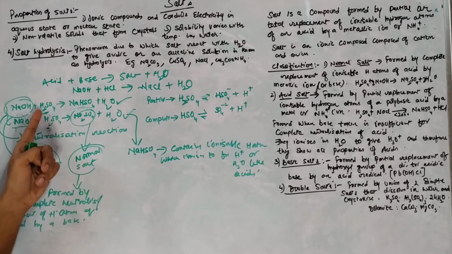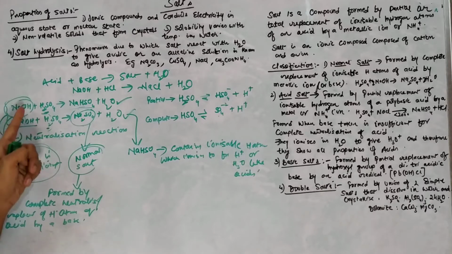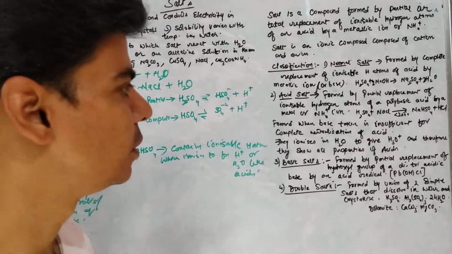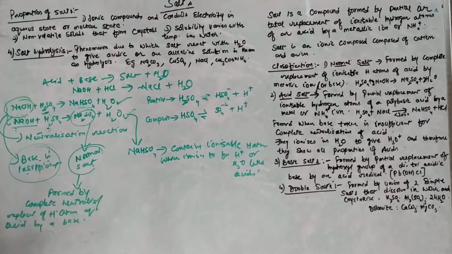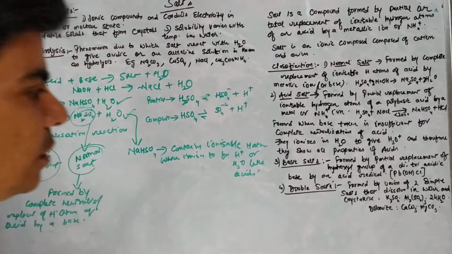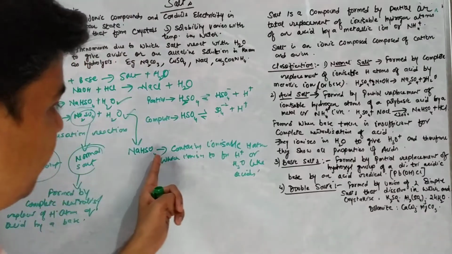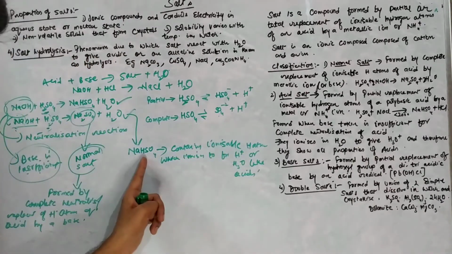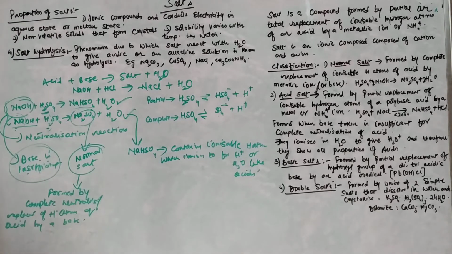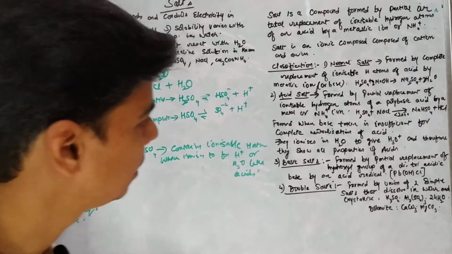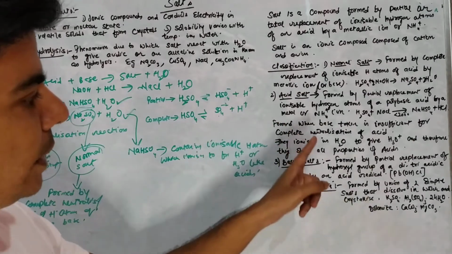Only one hydrogen atom is replaced in the first reaction by sodium hydroxide to give you an acid salt, right. So acid salts are formed by partial replacement of ionizable hydrogen atoms, and they contain ionizable hydrogen atoms, right. That is why they behave like acids, right.